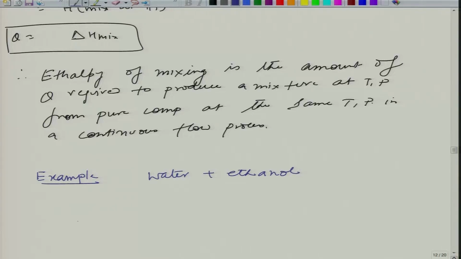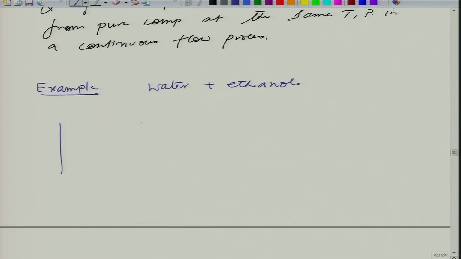What we are interested in is understanding what happens to the contribution of the water when it is mixed. Let us say you have a container which is maintained at a constant temperature and pressure.